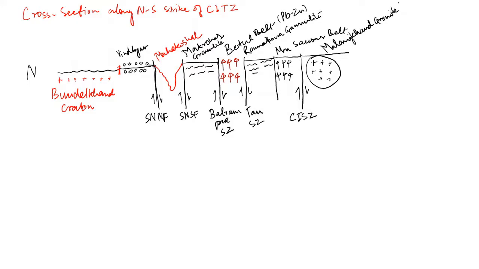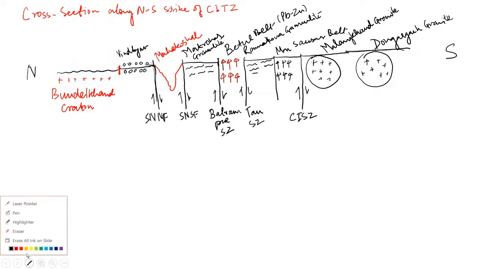And then there is the Dongargarh granite. So from north to south, the CITZ looks like this. And in this, the CITZ is from here to here.